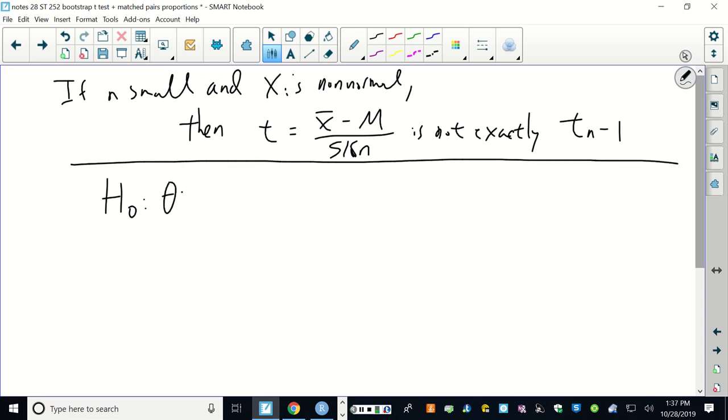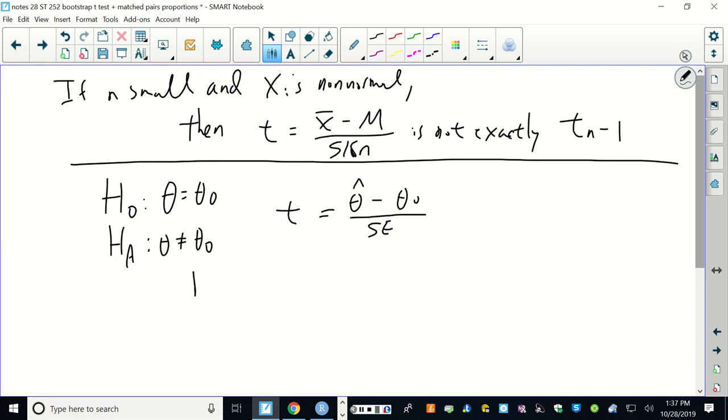If theta equals theta 0 versus an alternative that theta does not equal theta 0, and if our statistic would be an estimate minus theta 0 over the standard error, how can we evaluate this statistic here, which has an unknown distribution?